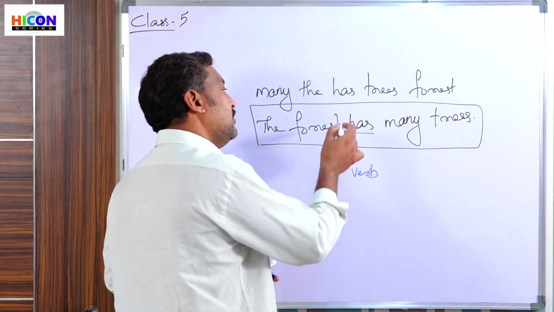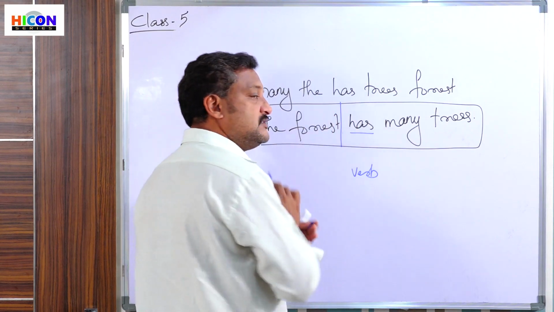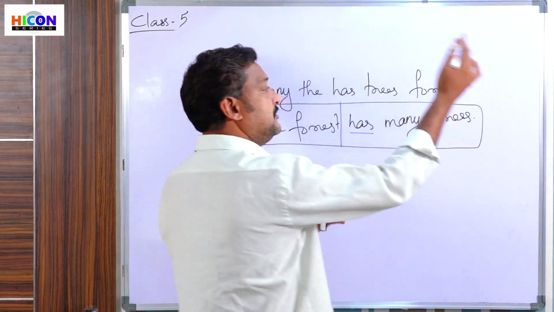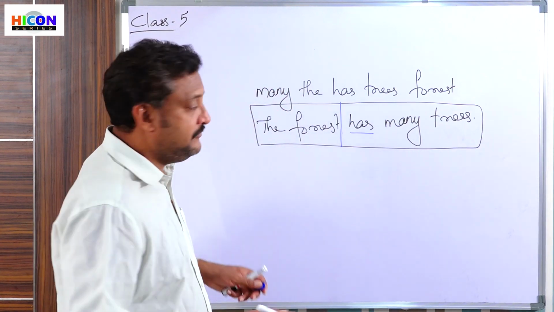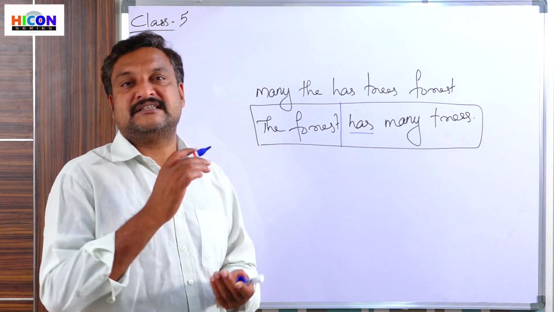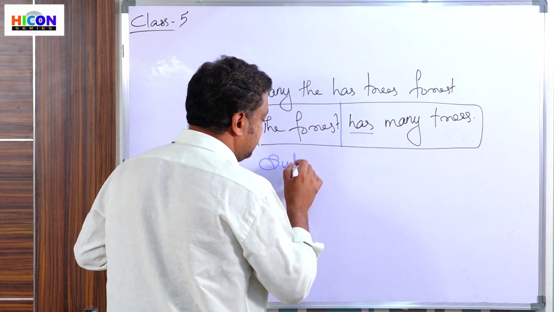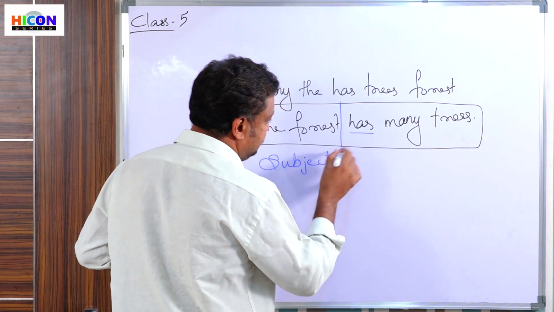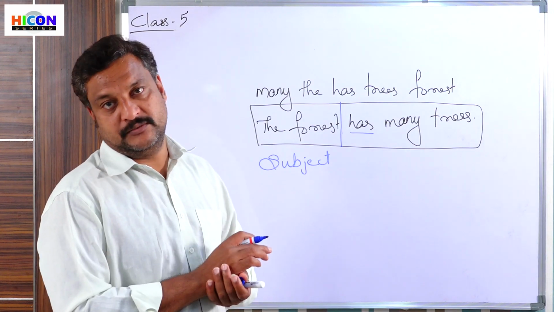Up to the verb is one part, from the verb is the second part. Up to the verb, what we have is something that is about the sentence. So that is called the subject, or we say the doer of the action represented by the verb.